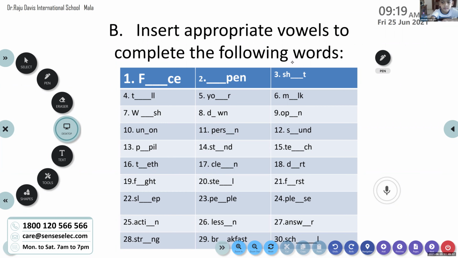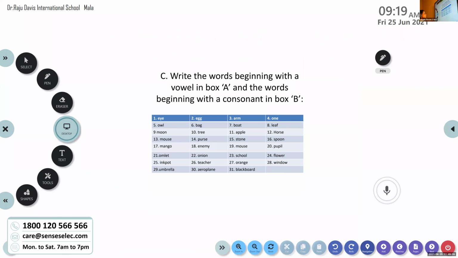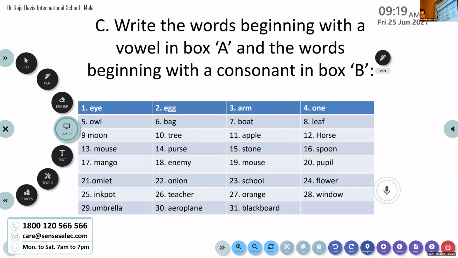Now we have also completed exercise C, that we have to sort out the words in 2 boxes. In one box, we have to write all the words that start with vowels, and in the next box, that is box B, we have to write all the words that start with consonants.